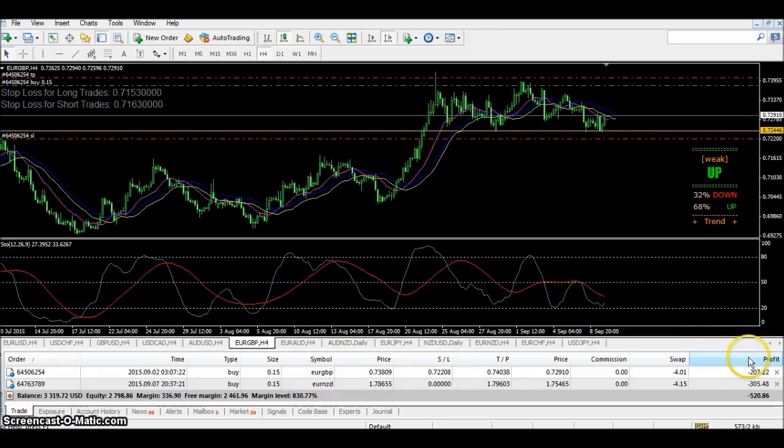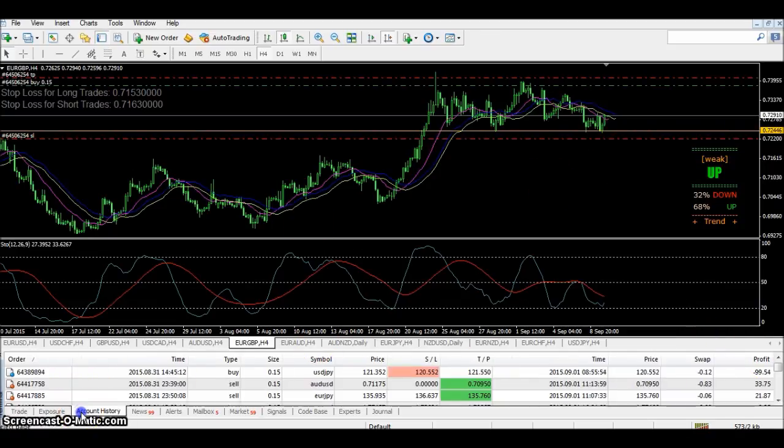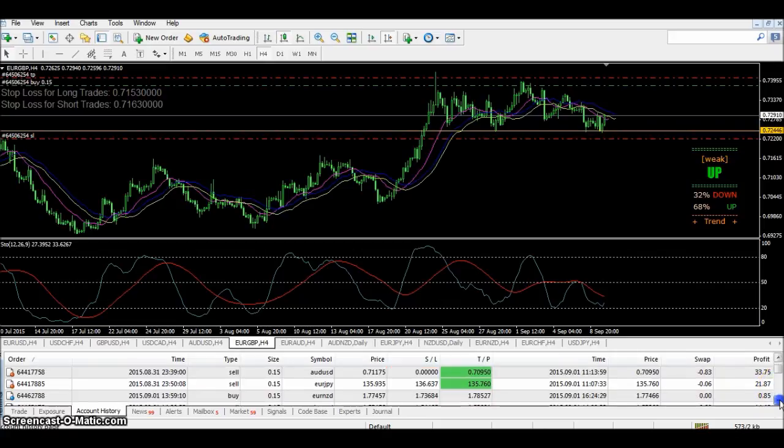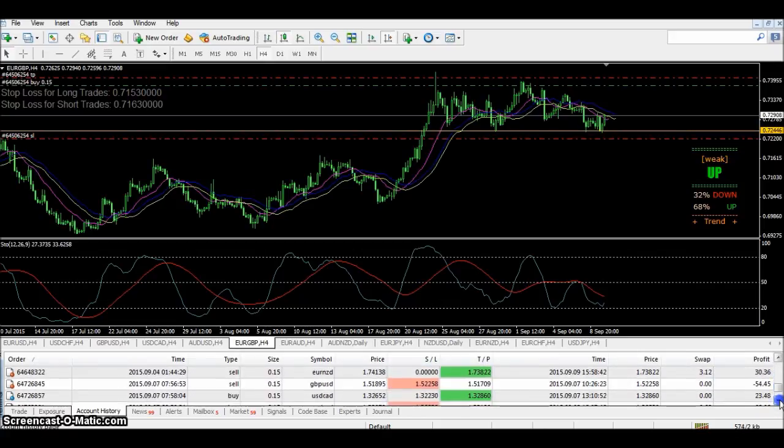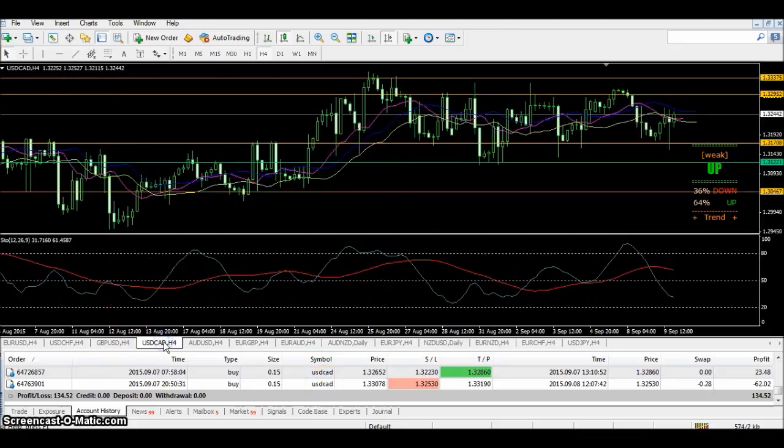But I did take a couple of stop losses. I try to pick and choose my losses, but sometimes if I'm not here, or if I'm not able to monitor it, like this USD Canadian dollar, it hit my stop loss.